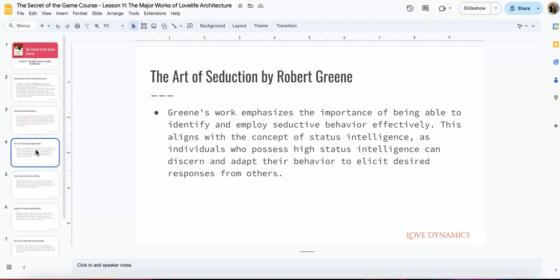Associated with Robert Greene, The Art of Seduction. Greene's work emphasizes the importance of being able to identify and employ seductive behavior effectively. This aligns to the concept of having an understanding of what is status inducing and what is not. That's kind of the distinction we'll talk about in the alpha male stuff. But the ability to discern and adapt their behaviors to elicit the desired response in others.